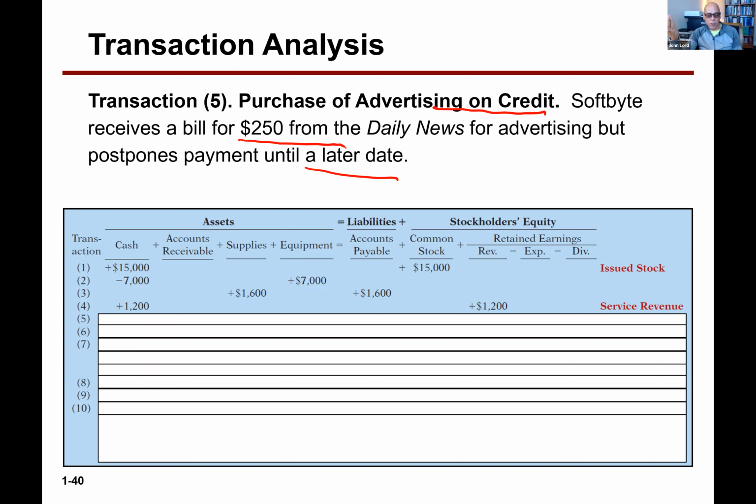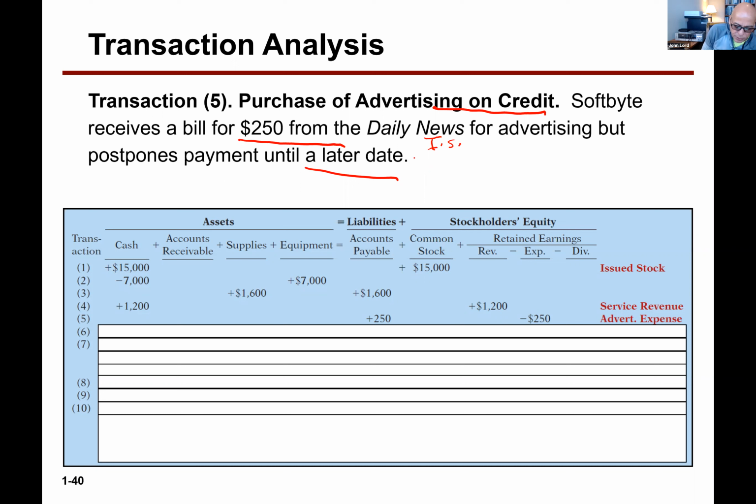We've agreed our liabilities are going to go up and our expenses are going to go up. Now, I know they showed it as a subtract because ultimately an expense is a subtract from my retained earnings, but I don't report it on the statement of retained earnings. I report it on the income statement.